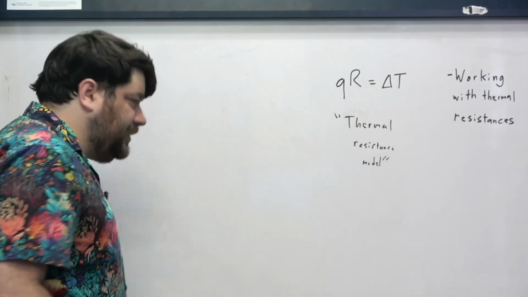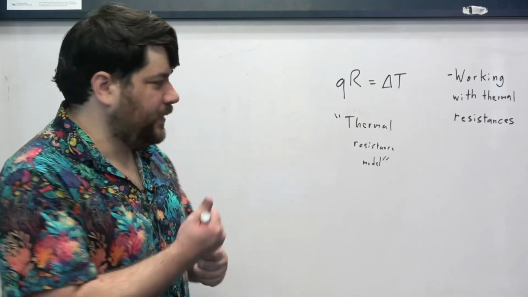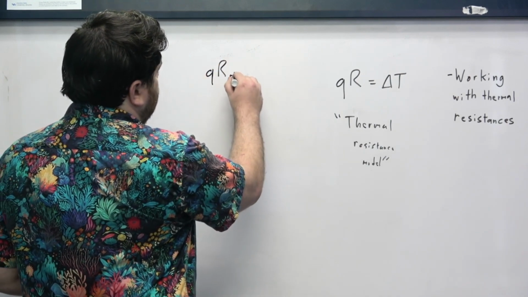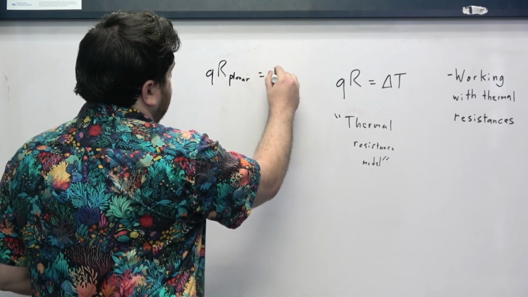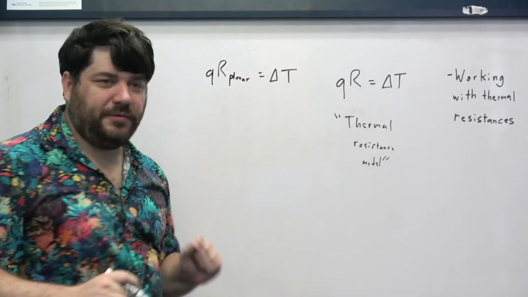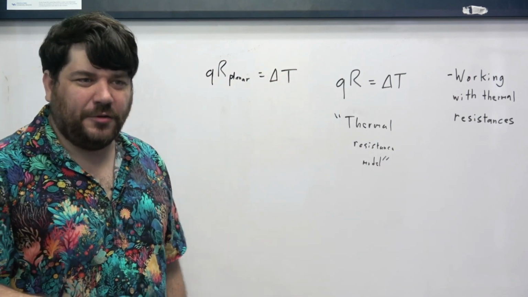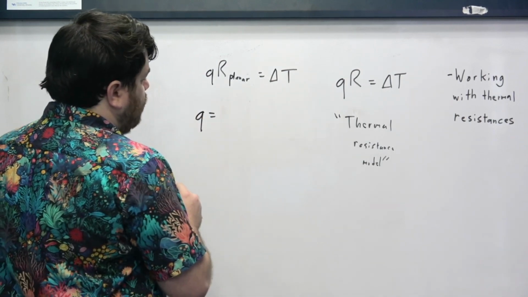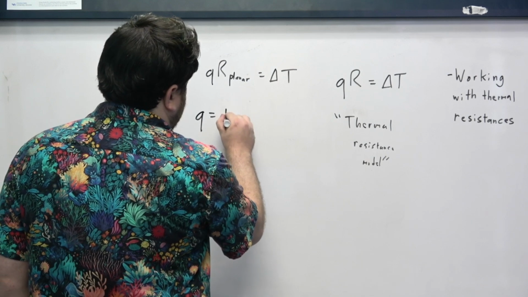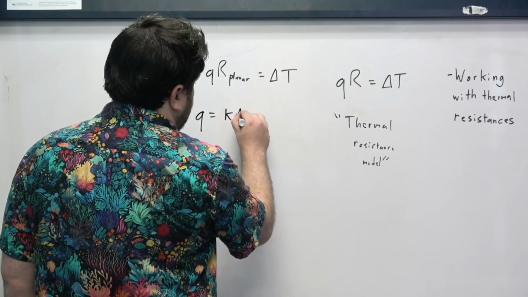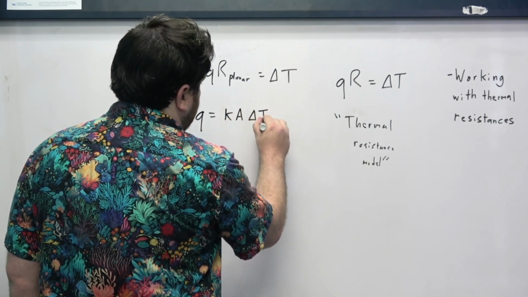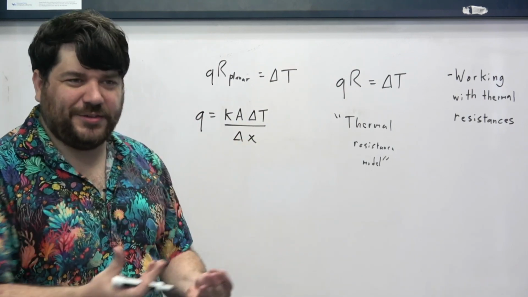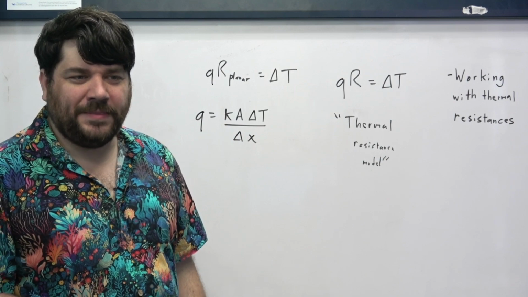Now let's talk about a planar system. All right, so we want to get something in the following form. And we had written down earlier in the lecture that Q was just equal to k times the area times delta T divided by delta x, where this delta x is just the thickness of the wall, okay?